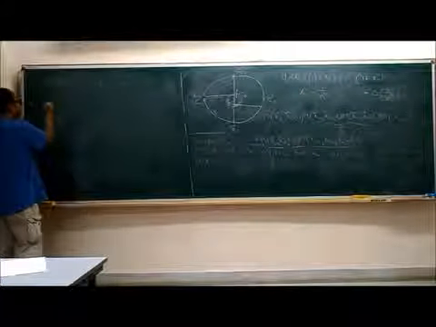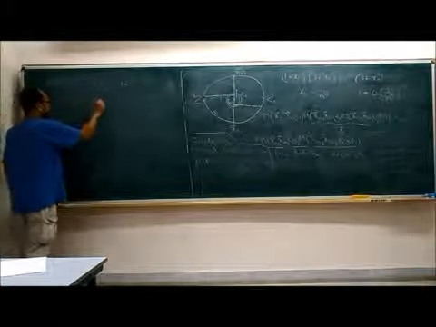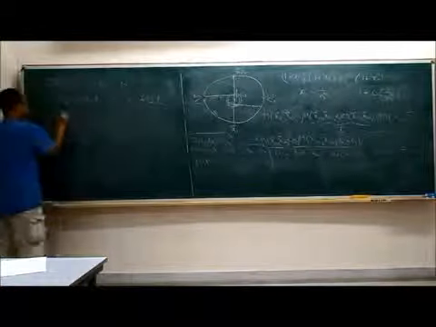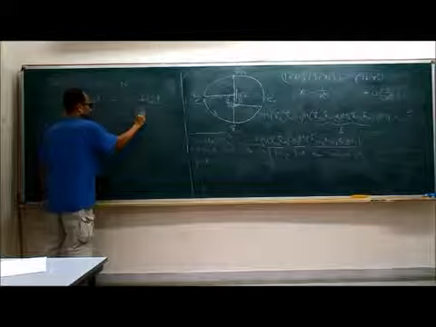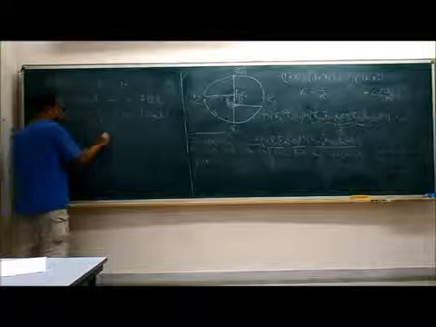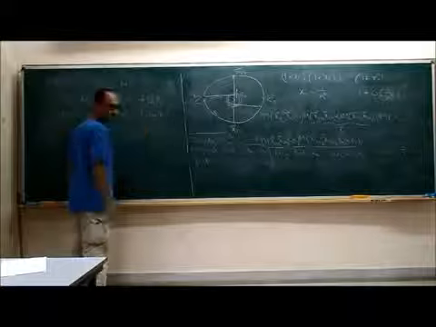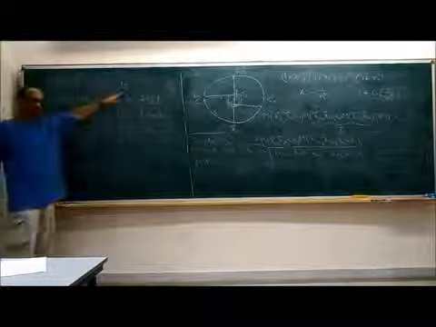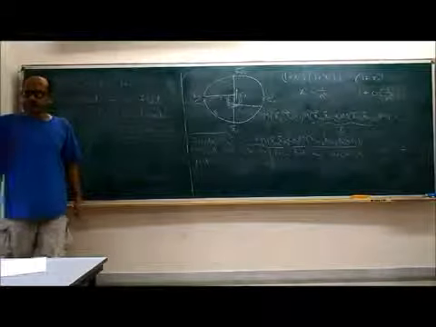Then we say that this is embedded in a flat space with coordinates y1 to yd. Typically d is larger than n. So for the sphere, n is 2 and d is 3.